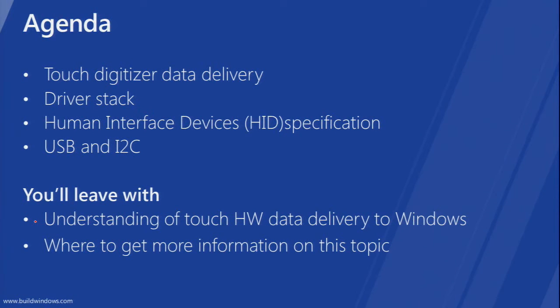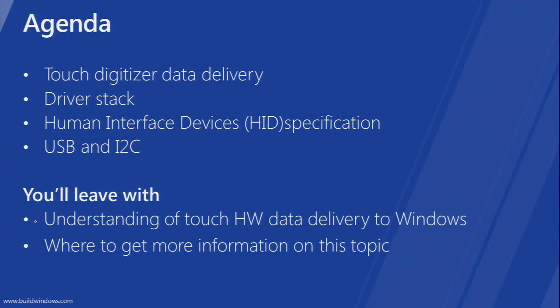Now, one central key thing that we use for data delivery is the Human Interface Devices specification, which is a USB standard around human interface devices, things like touch input, mouse input, and keyboard. And we're going to be taking advantage of that quite a bit in touch. We've been doing that in the past, but we're going to center on it more in Windows 8.